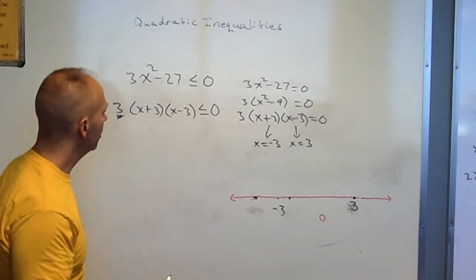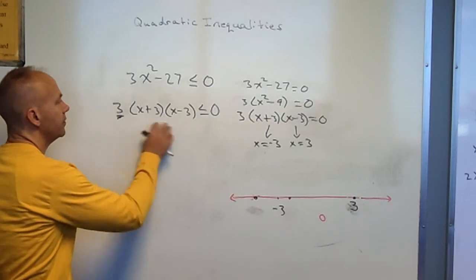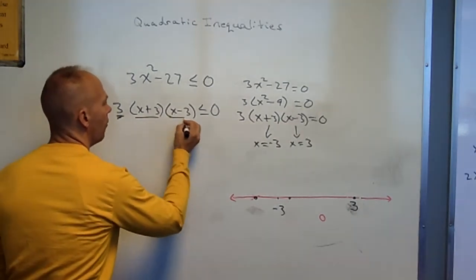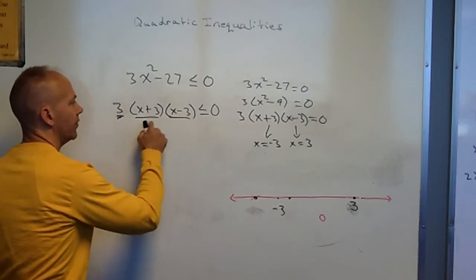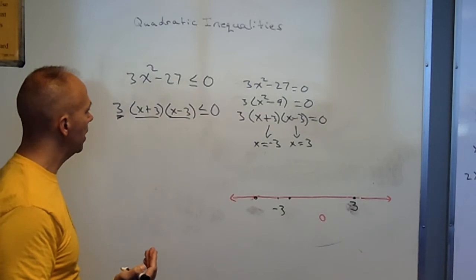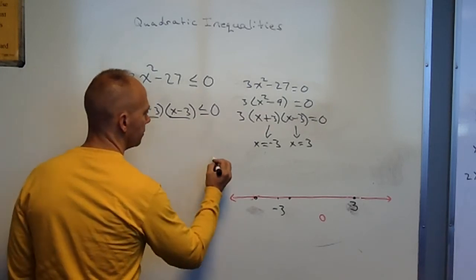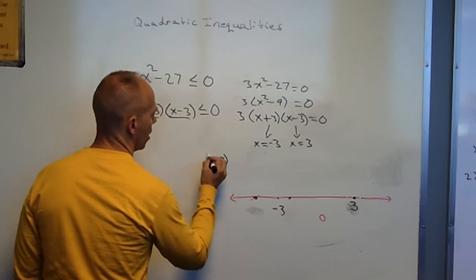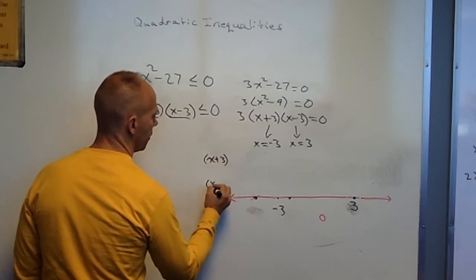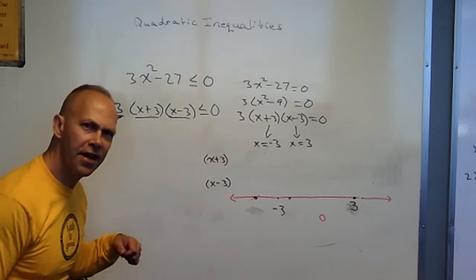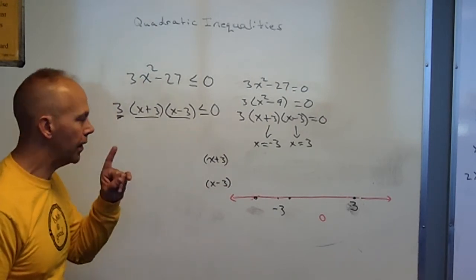No. So to examine when is this expression less than or equal to 0, I'm just going to be looking at when do these factors change signs. When are they positive, when are they negative? So I'm going to be examining x plus 3 and x minus 3. And I want to know when will it be less than or equal to 0.